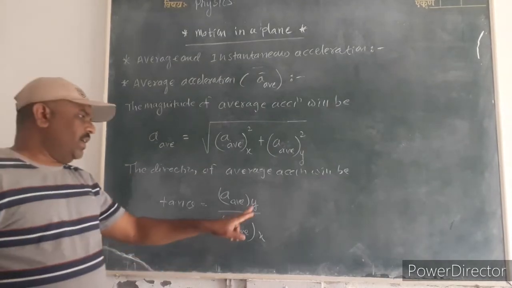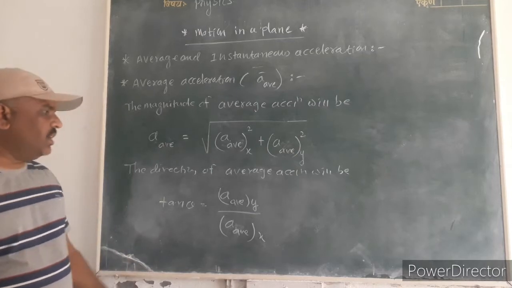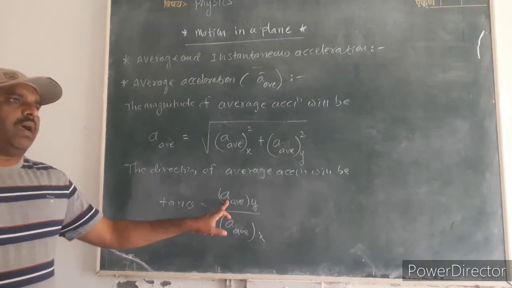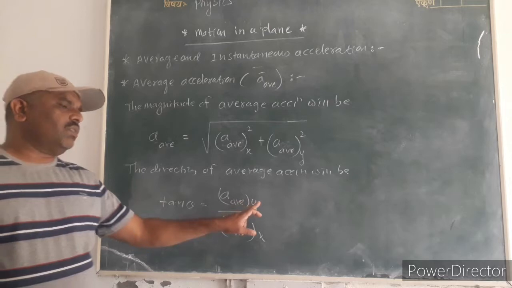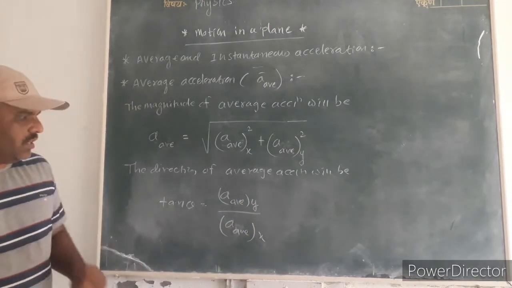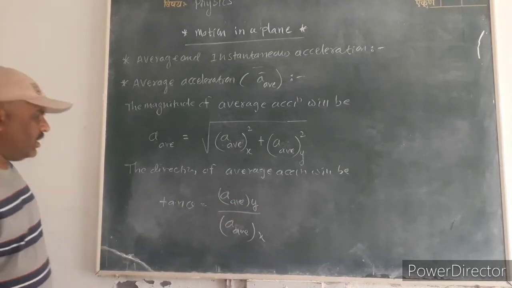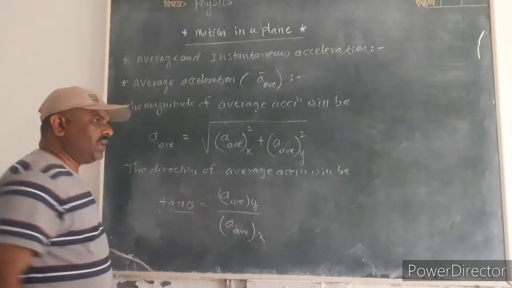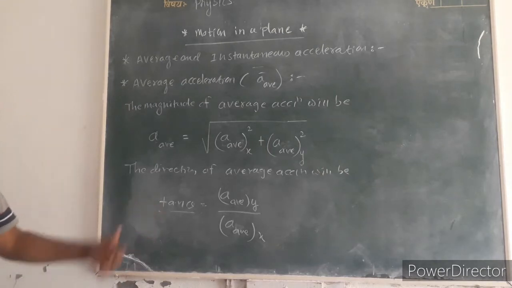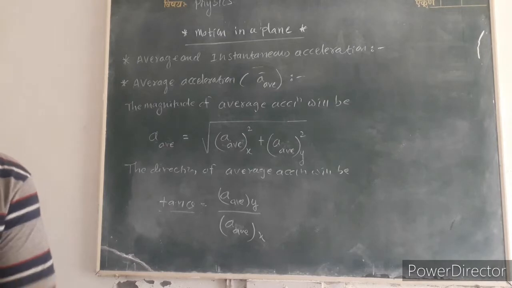That means the average acceleration along the y-axis divided by the average acceleration along the x-axis, and the ratio of both accelerations is given as tan theta. This tan theta gives the direction of average acceleration.